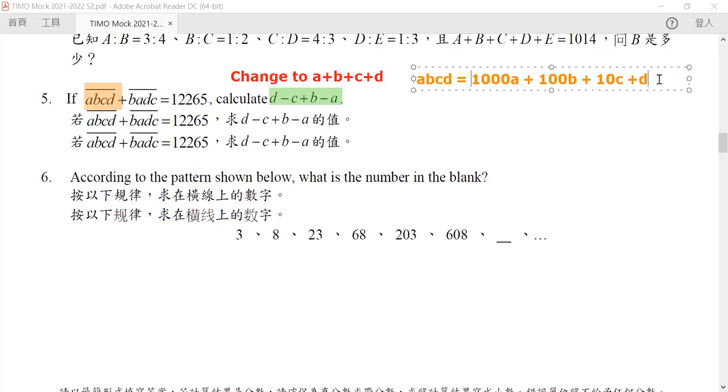This is what we call a digit of base 10. So this would be equal to 1000B plus 100A plus 10D plus C.